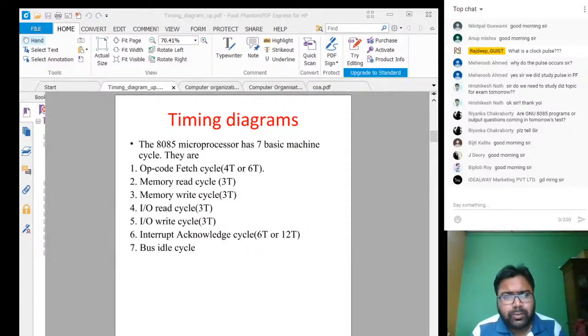First is the opcode fetch cycle, which is either 4 clock states or 6 clock states. Then you have the memory read cycle, which is 3 states. Memory write is also 3 states. IO read is 3, IO write is 3.